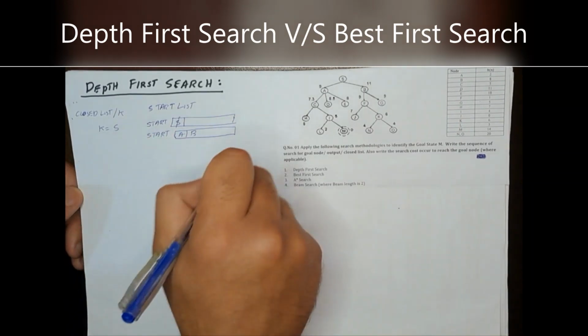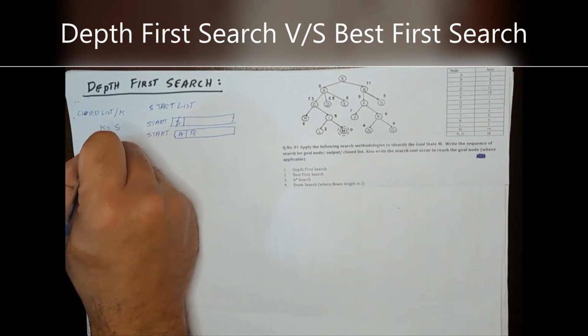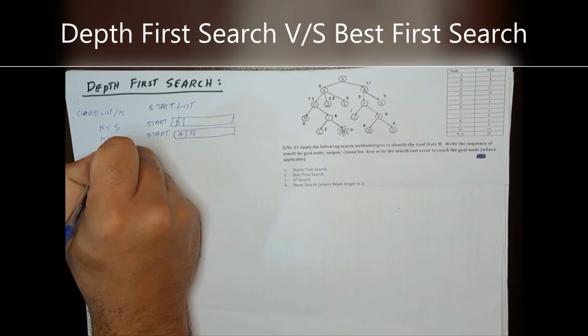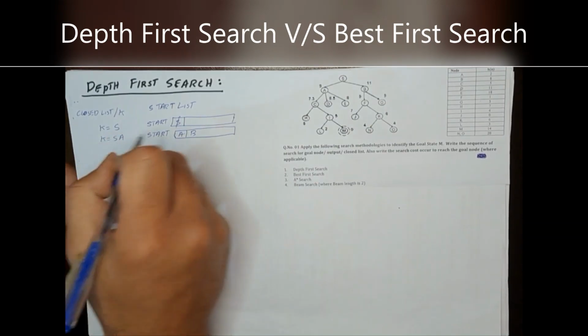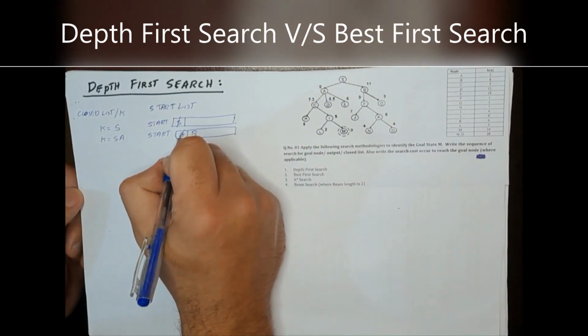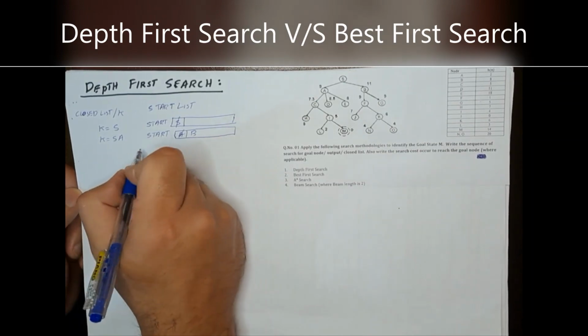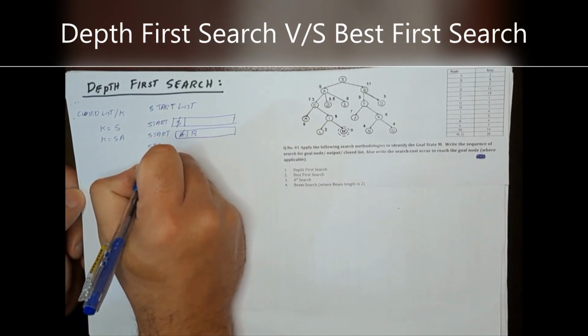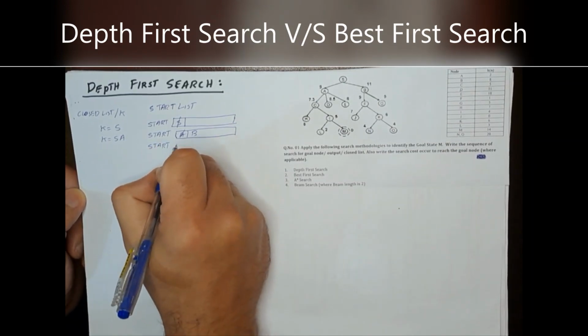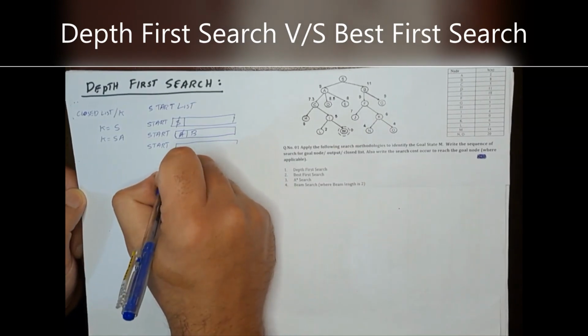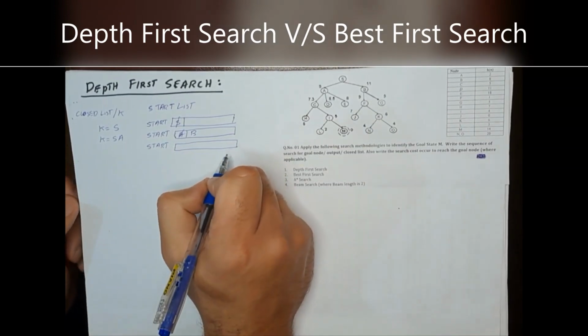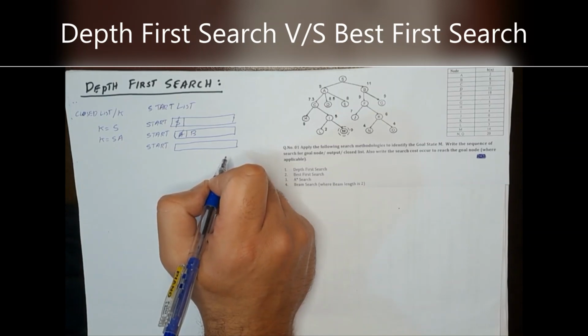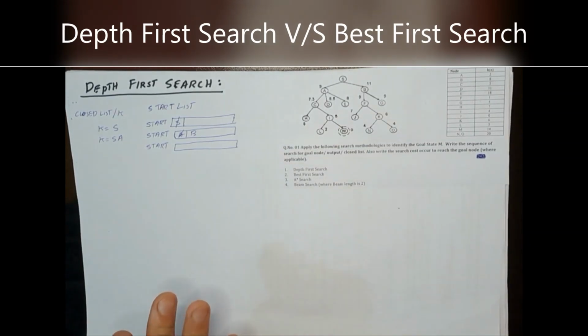Next step, again we follow the same procedure, and the value of k will be a, the first element of the list. And when a is eliminated from the start list, it will be replaced by its child nodes. Now here the interesting thing, and it is very important to know, is that depth first search is a LIFO structure.